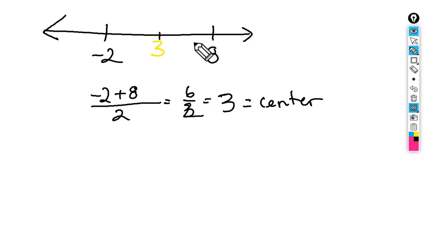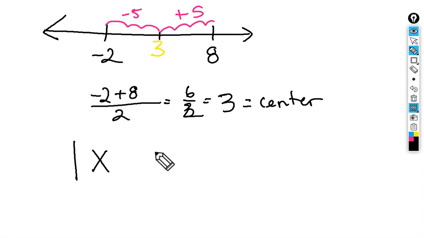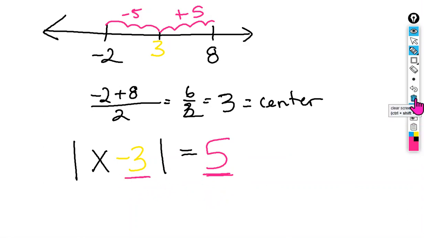All right, let's count our distance. Okay, 5, negative 5. All right, so now I'm ready to turn this into an absolute value, okay? The distance from the center is equal to 5. Center, distance. The distance from the center is 5.